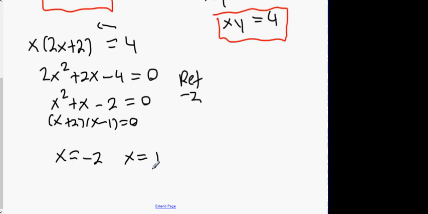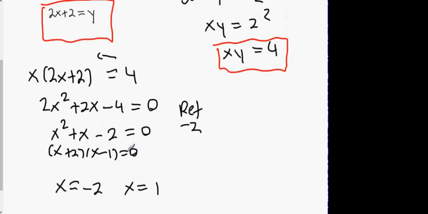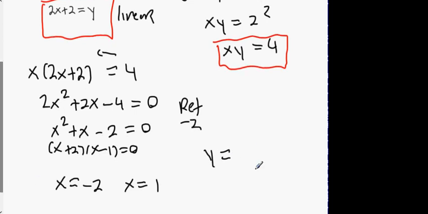Okay? You're not getting full marks there because I didn't do the y values yet. Which equation do you always use to get the y values back? The linear. Never the quadratic, the linear. So the linear gets you y equals, so the y value is going to be 2x plus 2.